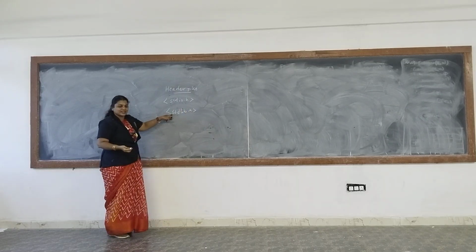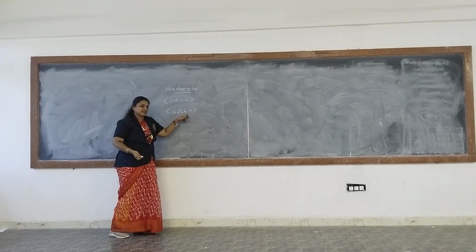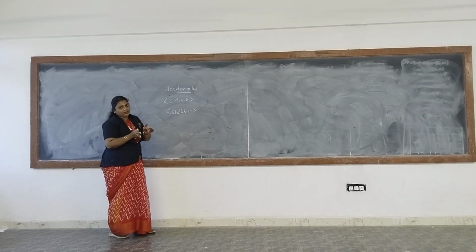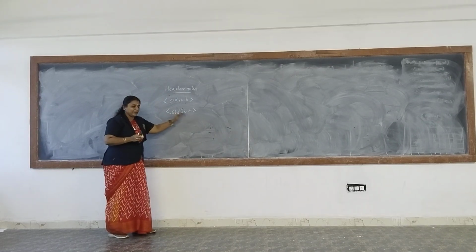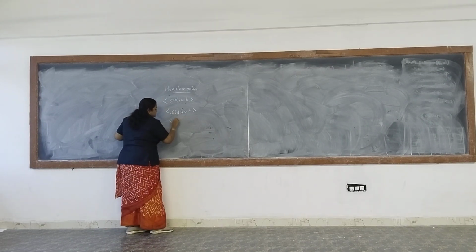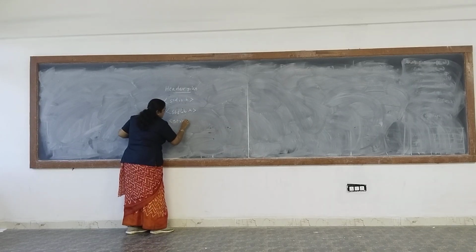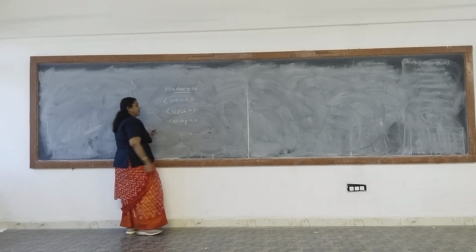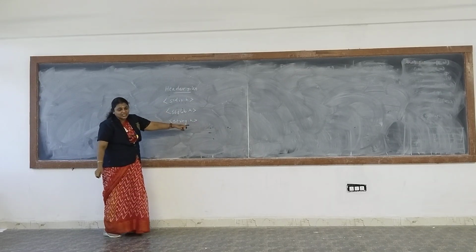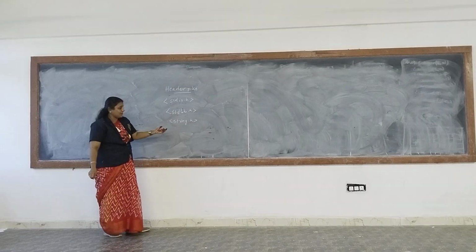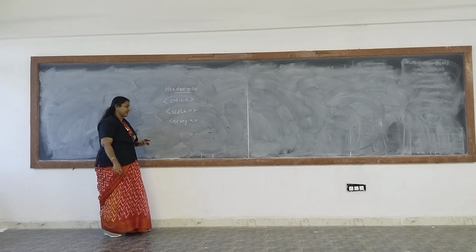So you know the standard library: lib is library, and the library extension is .lib. Then string.h: for string-based programs, you have to use the header file string.h.